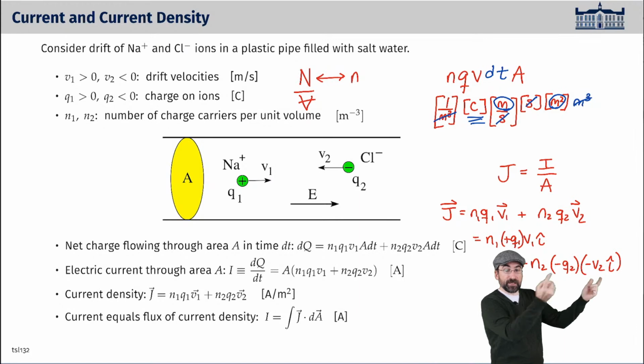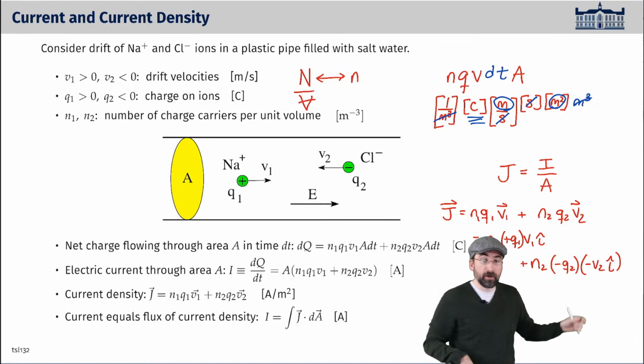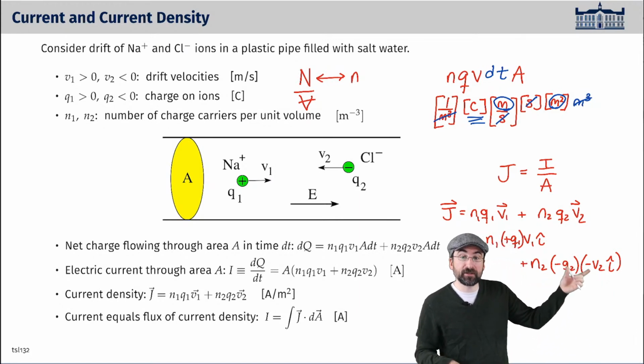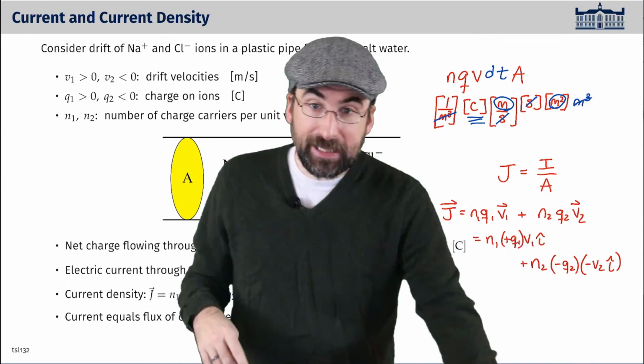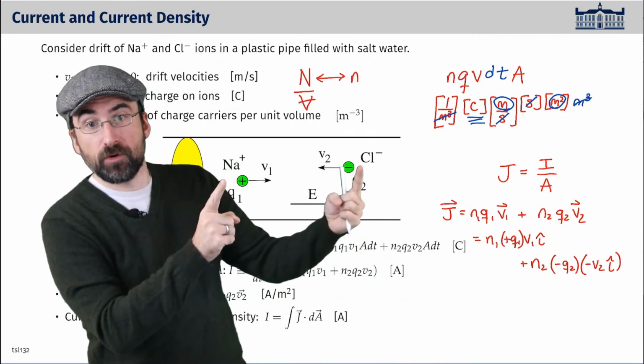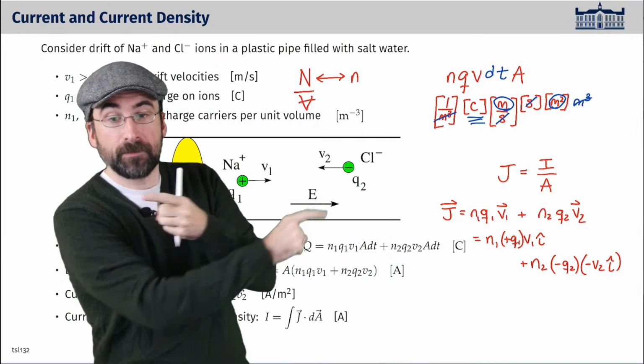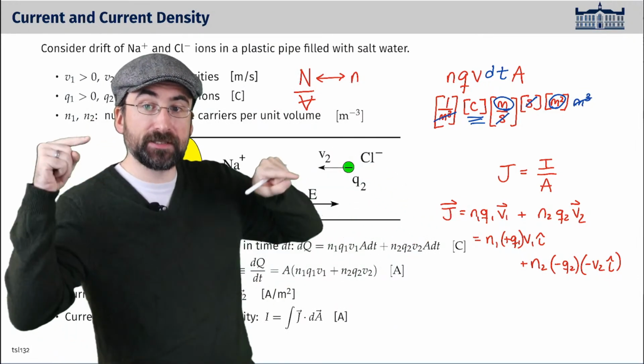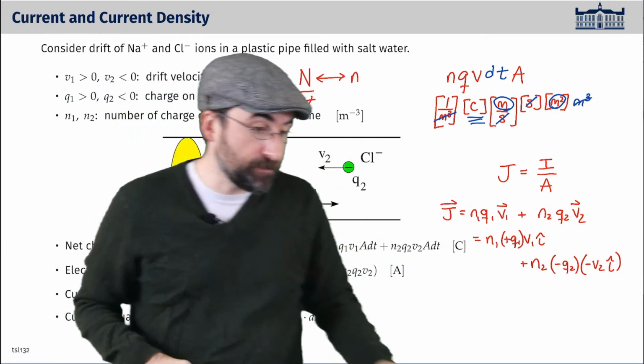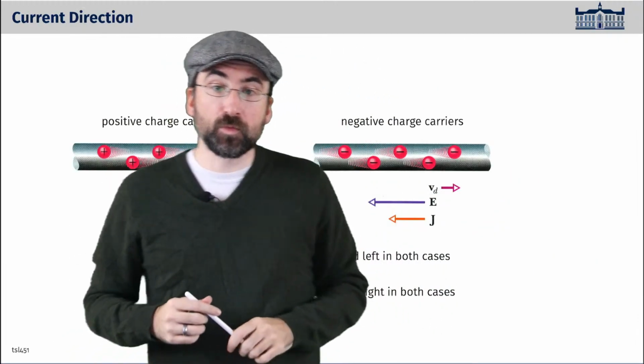These two negative signs cancel out with one another, so this term is positive too. Even though these charges are moving in opposite directions, they produce current densities that are in the same direction. This is actually a very important result.